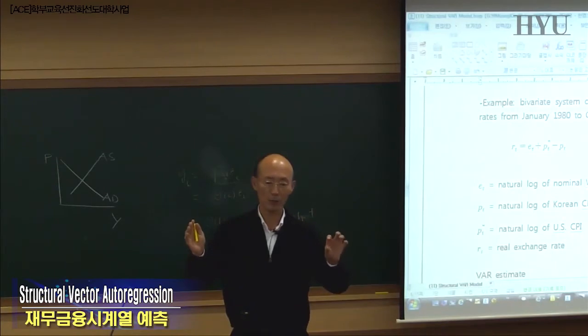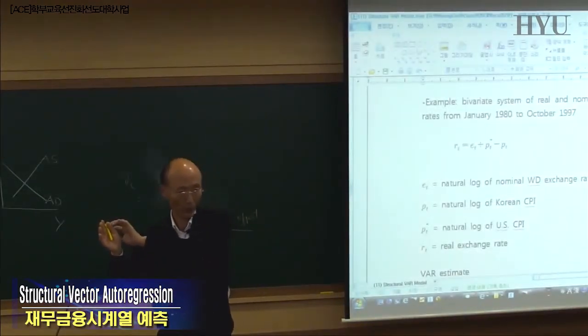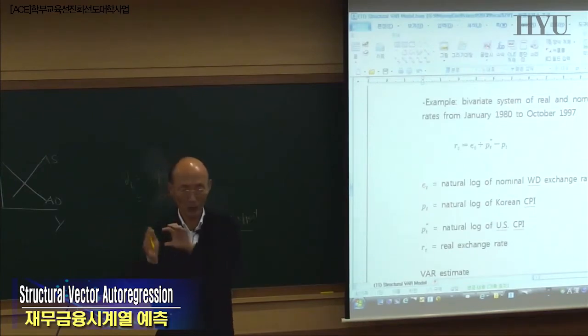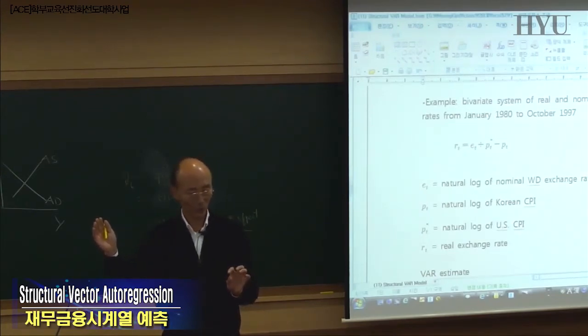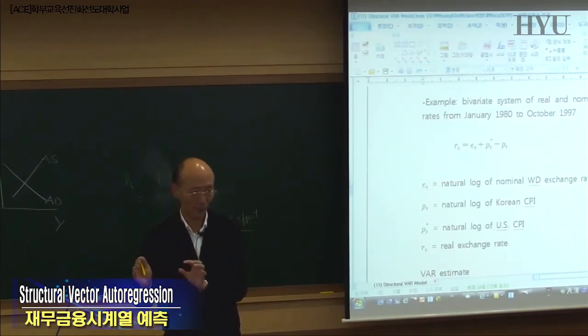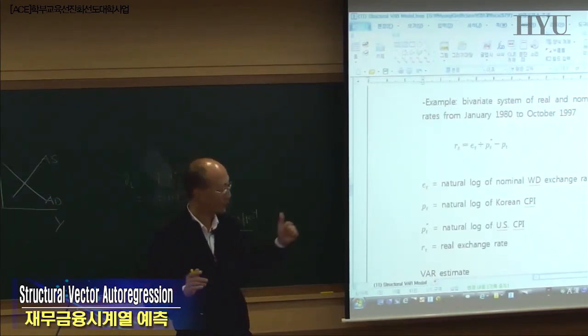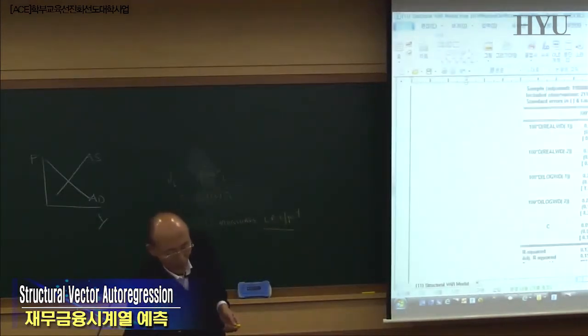A real shock will affect real variables in the long run, right? Nominal variables as well. But if it's a nominal shock, it will affect real variables temporarily, but not permanently, right? So we try to use that. But let's take a look at more detail here.